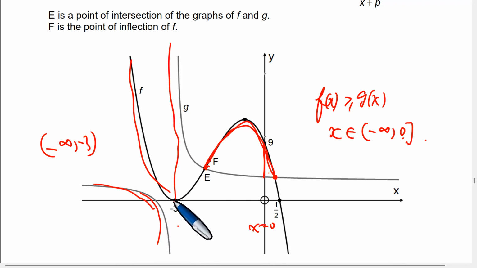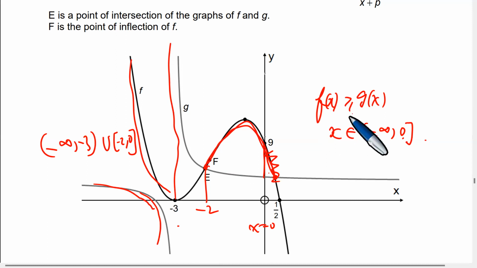Now g is above f here. But here now up to this point, so we cut this out. From here up to x equal to 0, because you must look from minus infinity up to 0. Minus 2 here, which means minus 2 to 0 is the answer.